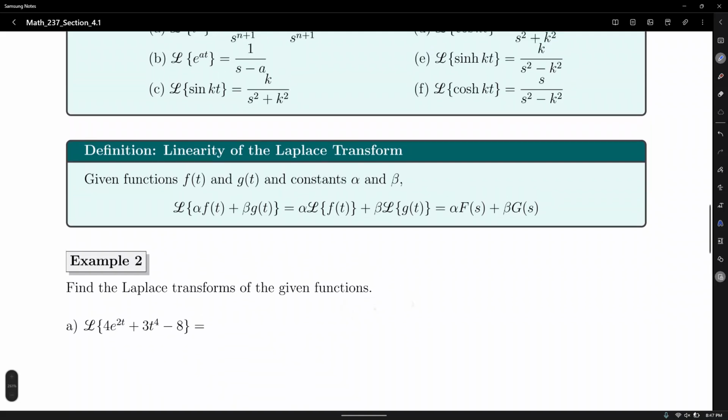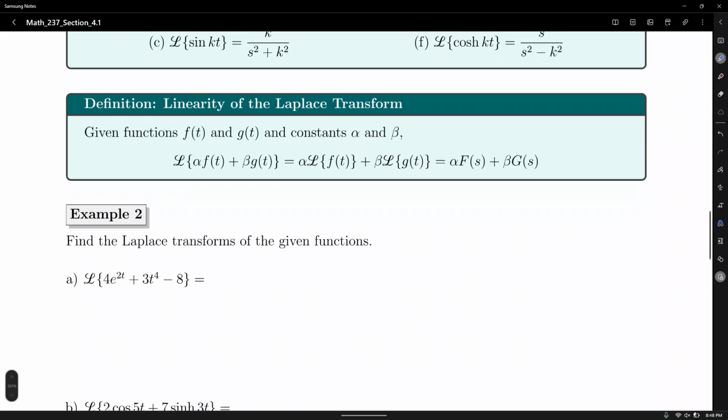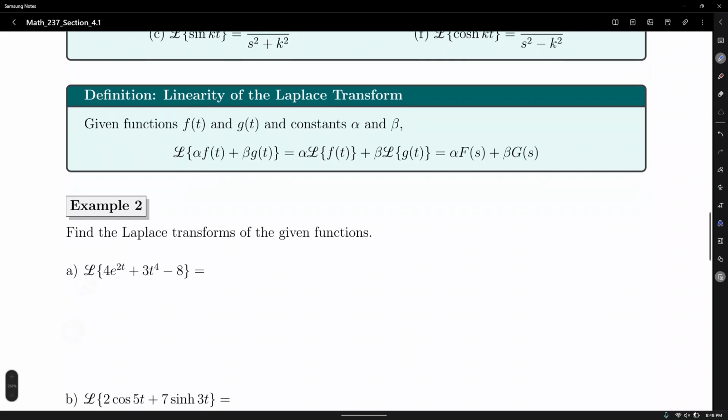So that means we can multiply alpha times the Laplace transform of f of t, which will be alpha F of s, plus beta times the Laplace transform of g of t, which is beta G of s. Okay, let's apply these Laplace transform formulas to find the Laplace transform of the following function.